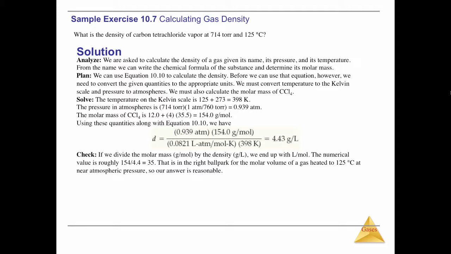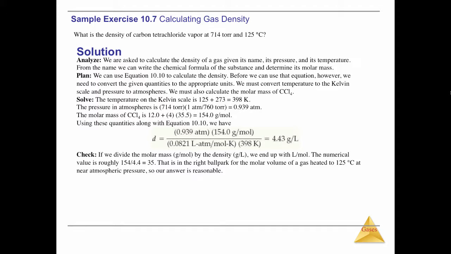So the temperature on the Kelvin scale is 125 plus 273, or 398 Kelvin. The pressure in atmospheres is equal to 0.939, so we converted 714 torr into atmospheres. And the molar mass of carbon tetrachloride, or CCl4, is 154 grams per mole.